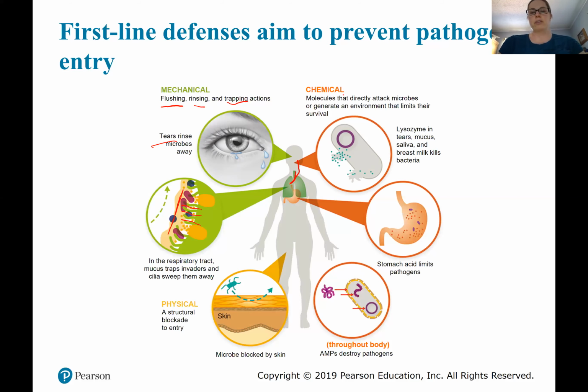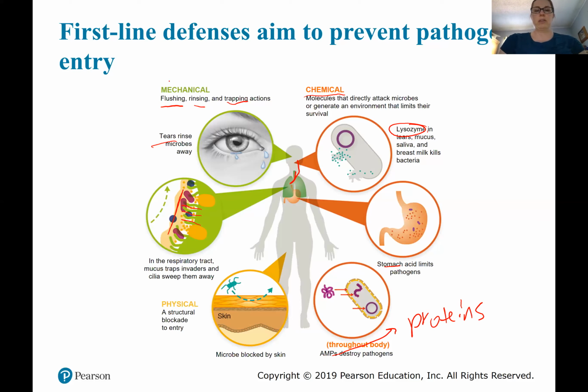Chemical barriers are certain chemicals, like lysozyme, an enzyme that you can find in tears to help protect the eye, and in saliva, that basically kills bacteria. So it prevents them from entering the body. Stomach acid is another example. And then there are what are called AMPs, or special proteins, that can kill bacteria as well.